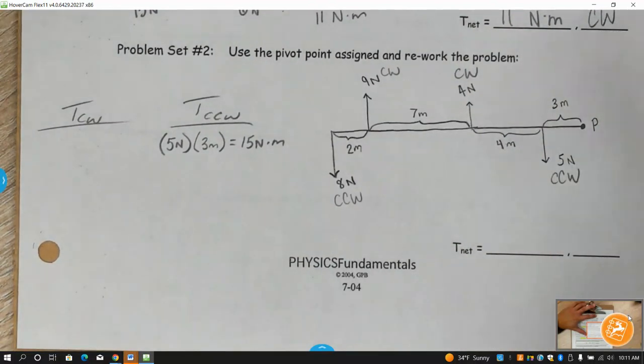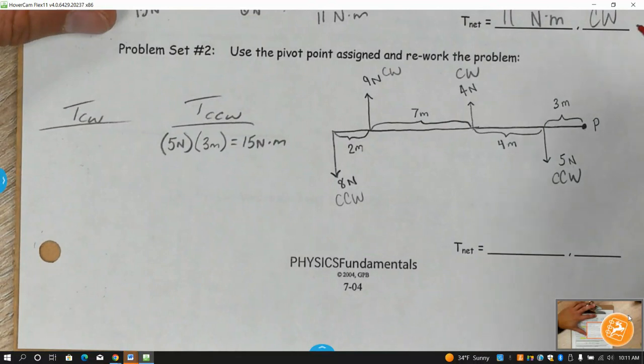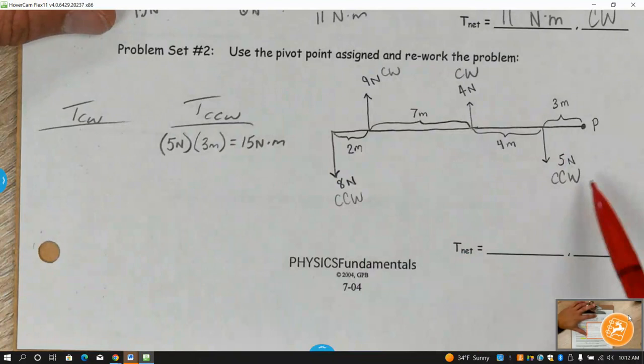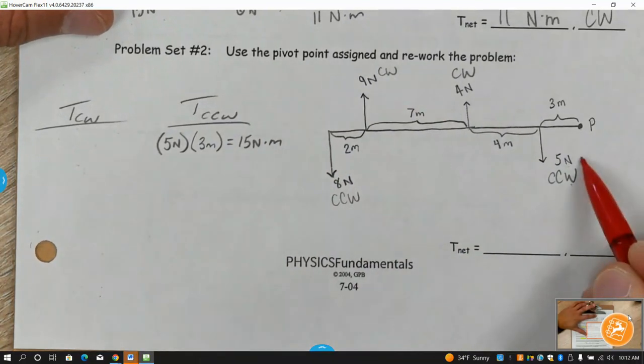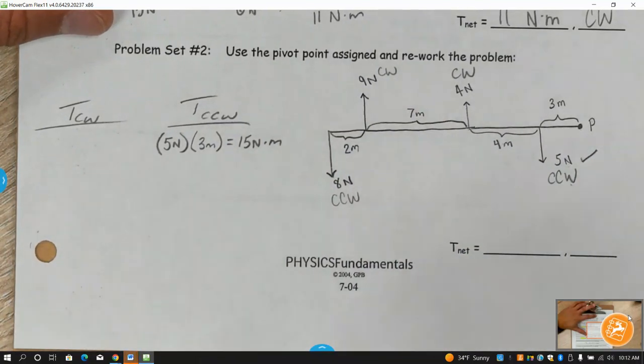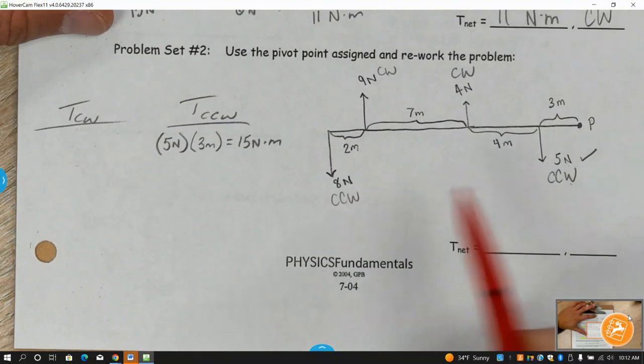So I'd recommend doing all of one direction first. If we started with counterclockwise, I would make sure I do all the counterclockwise first. So I've done this one. I would put a little check next to it to make sure I've accounted for it.